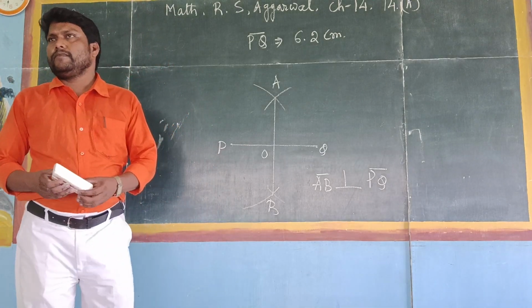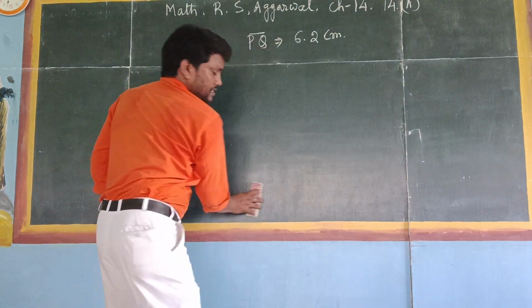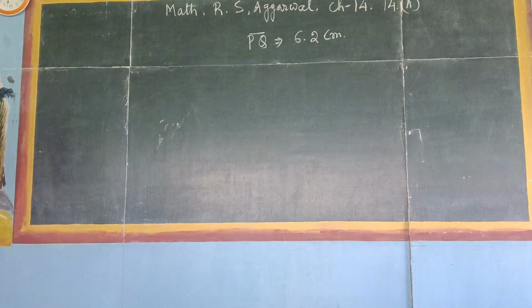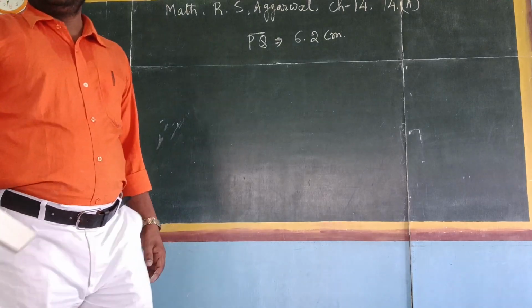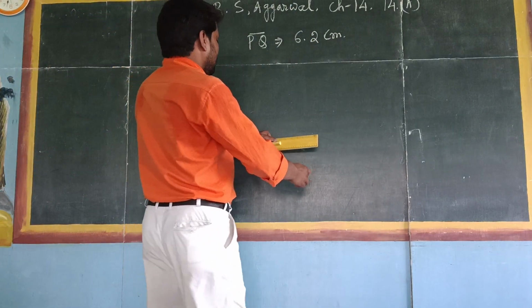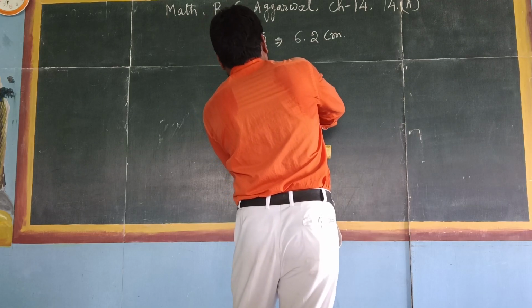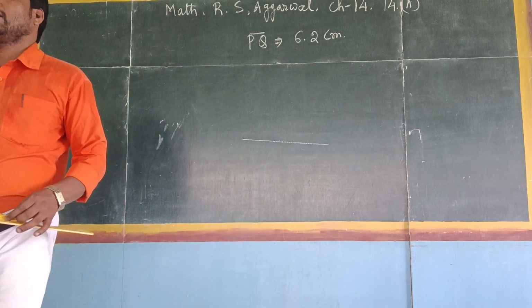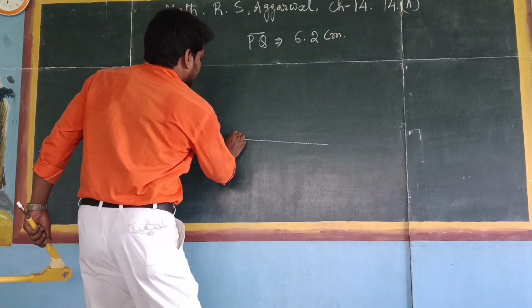Secondly, we use another process. What is the process? Suppose it is 6.2 centimeter, and suppose it is PQ.